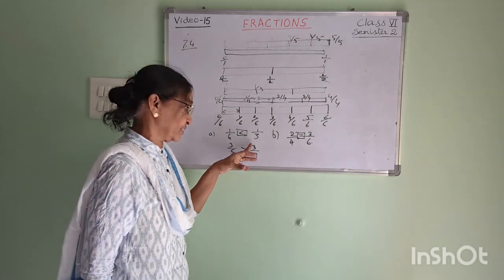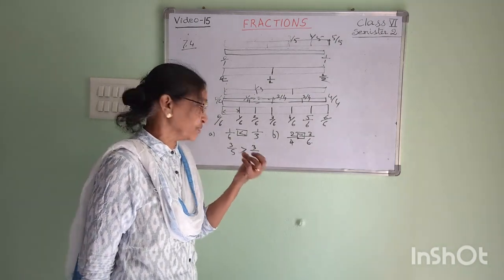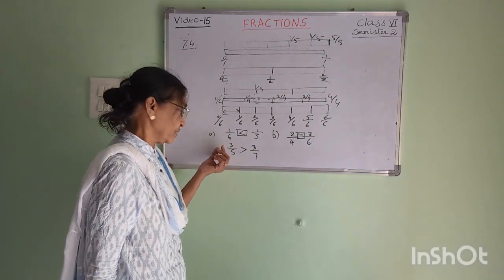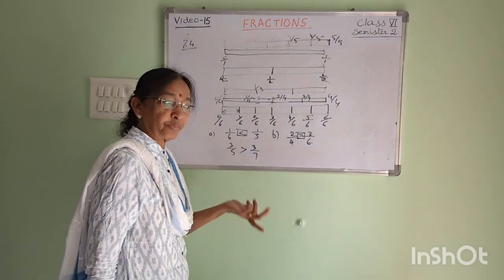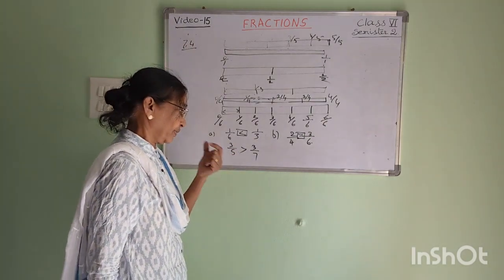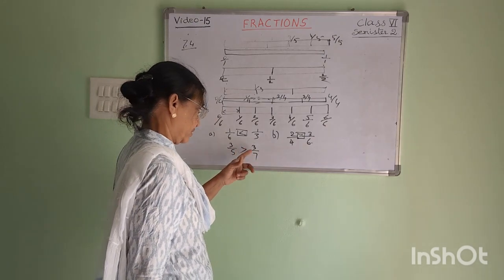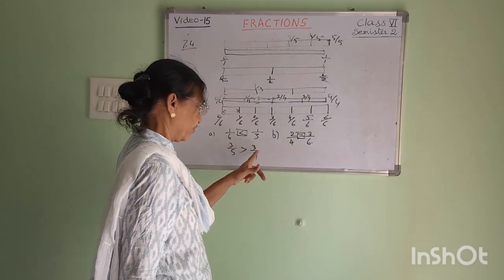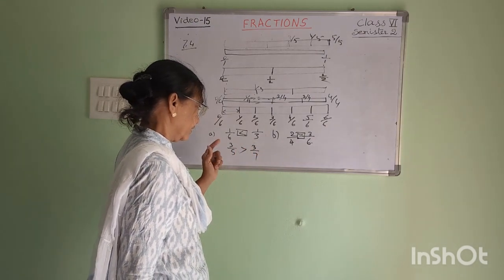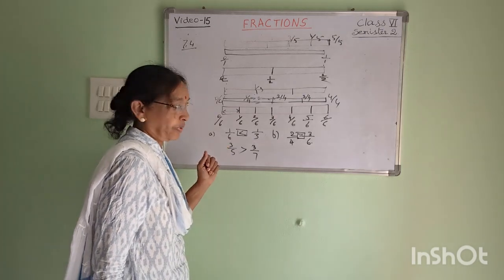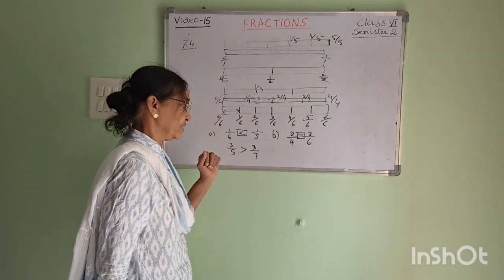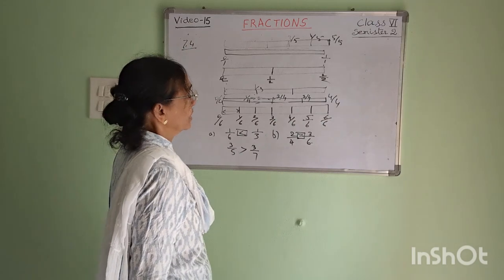If we make 7 parts, each part is smaller than the parts when 5 equal parts are made. Therefore 3 parts of 7 parts is less than the 3 parts in 5 parts. Therefore 3 by 5 is greater than 3 by 7.